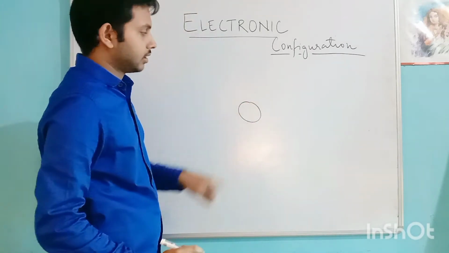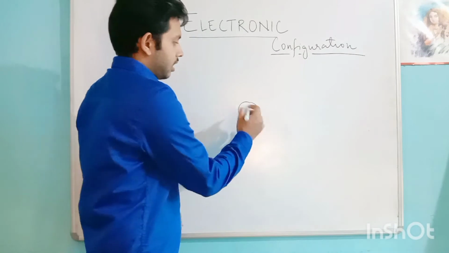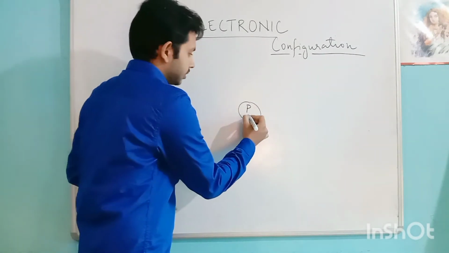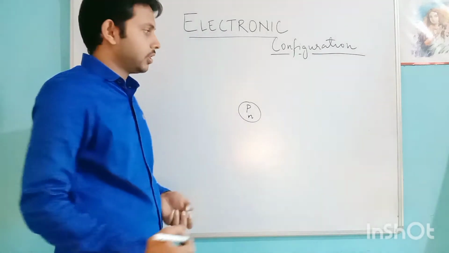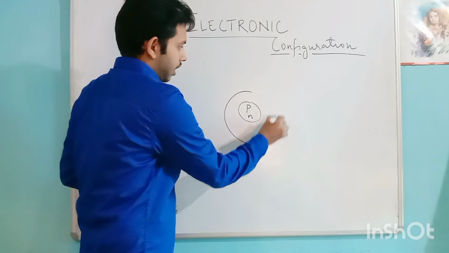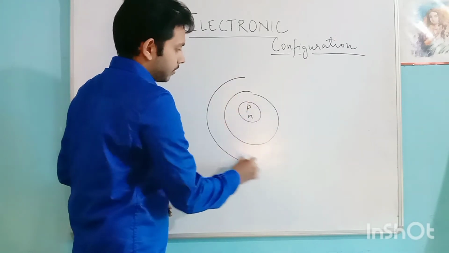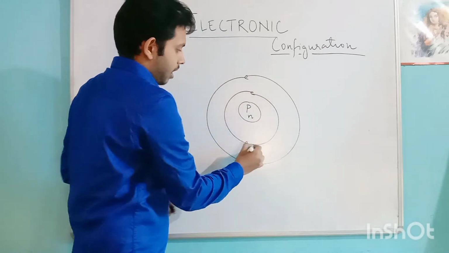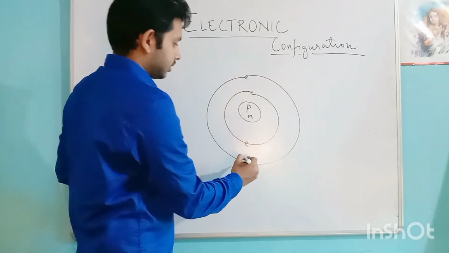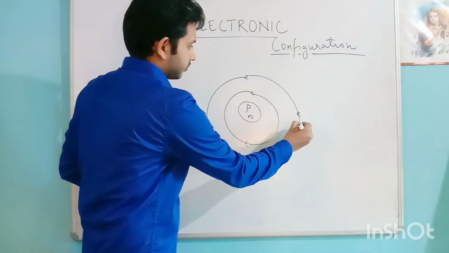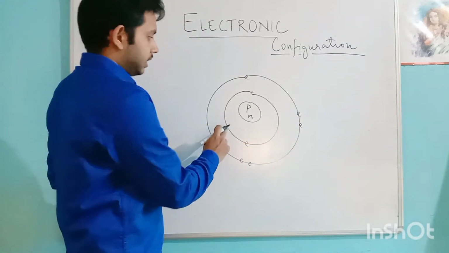in a center has a nucleus and it contains protons and neutrons. Together they are called nucleons, and electrons revolve around in cells or orbits. I am writing E for electrons. These are called cells.